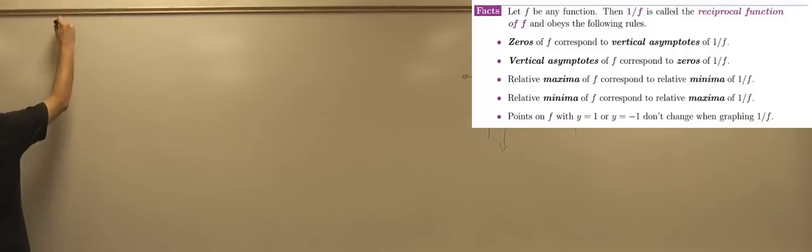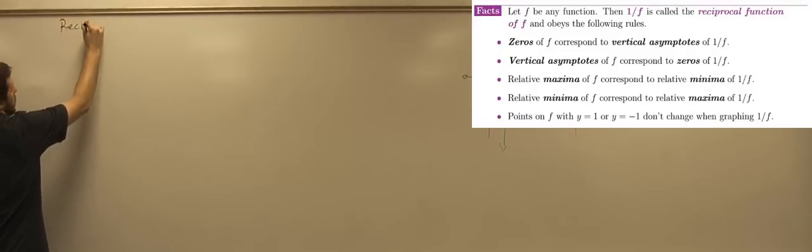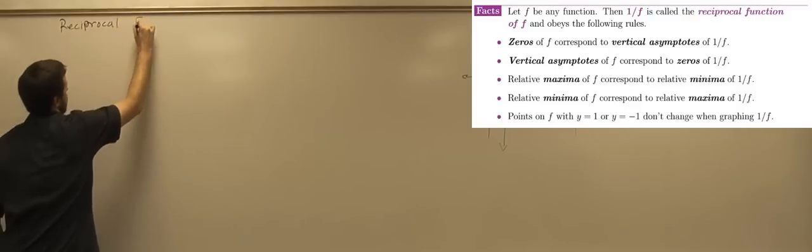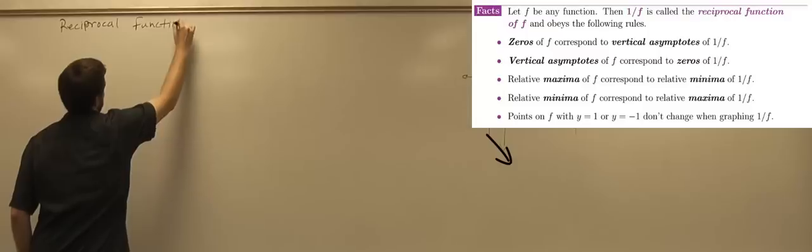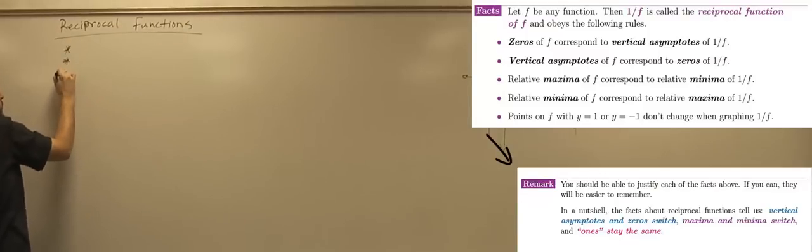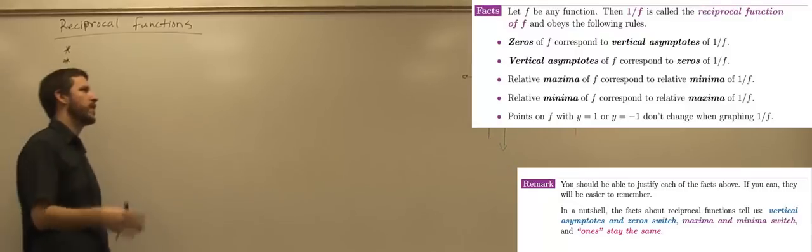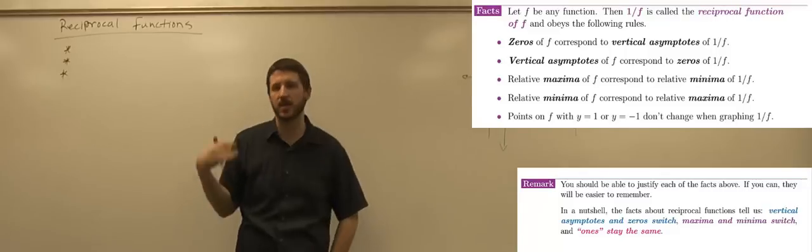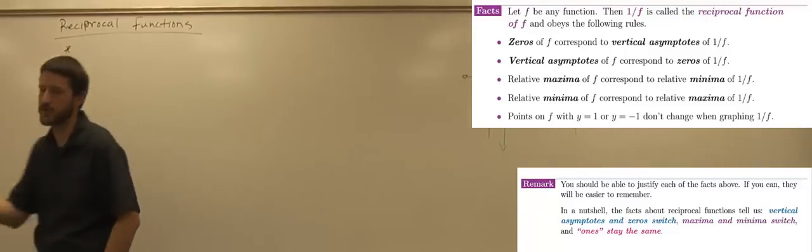We talked about this at the end last time. There's 3 important facts that help you change a regular function into a reciprocal function, so that help you change sine into cosecant, or cosine into secant.